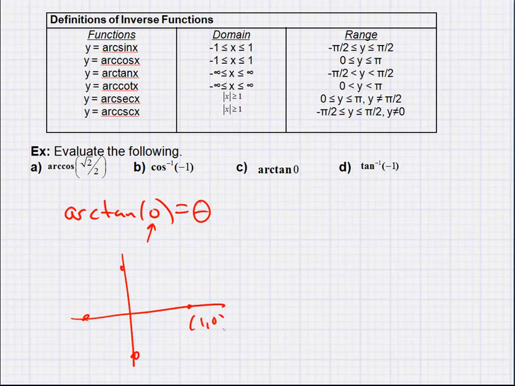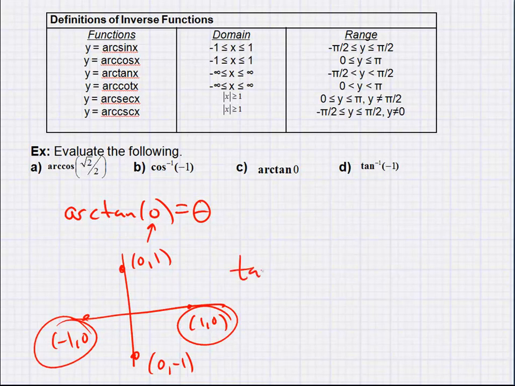So this is 1, 0, this is 0, 1, this is -1, 0, this is 0, -1. Which one of these, if I divided the y by the x, because that's how I do tangent, y divided by the x, would I get 0? Well, these two. Y divided by x would get me 0. So that means the tan of one of those angles would be 0.